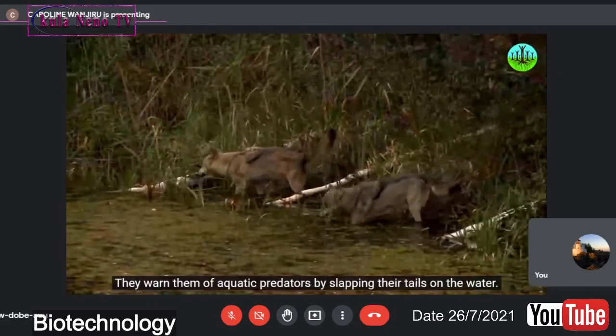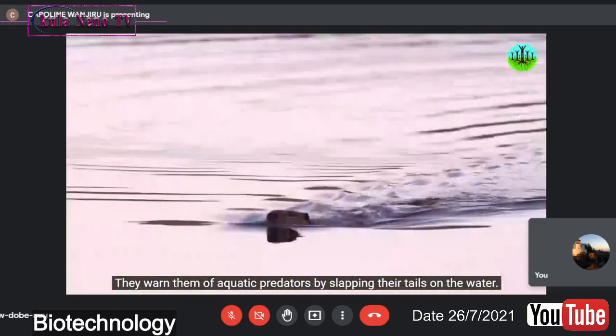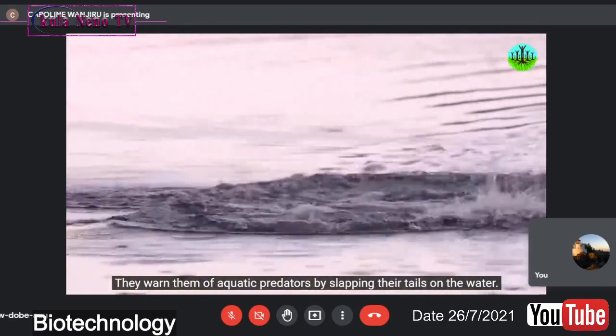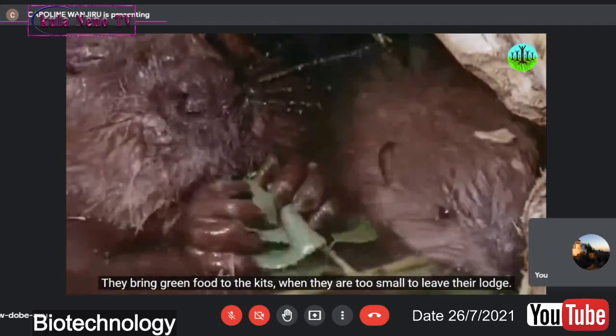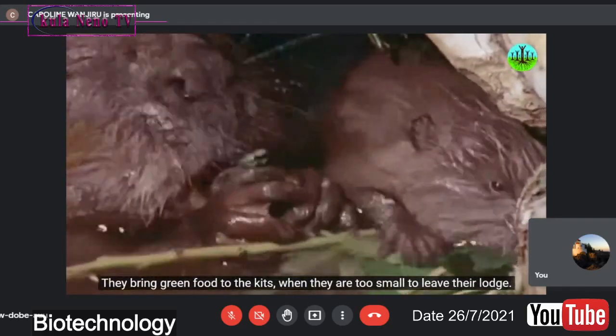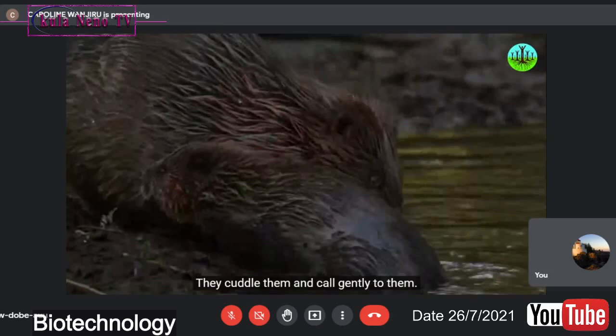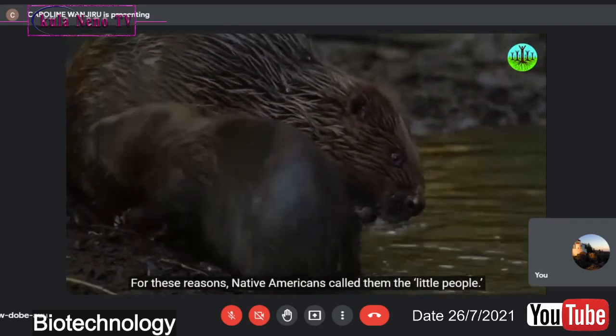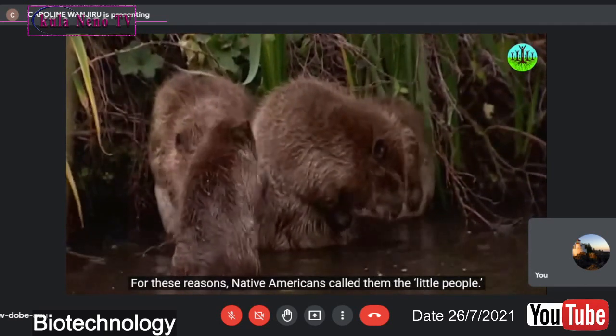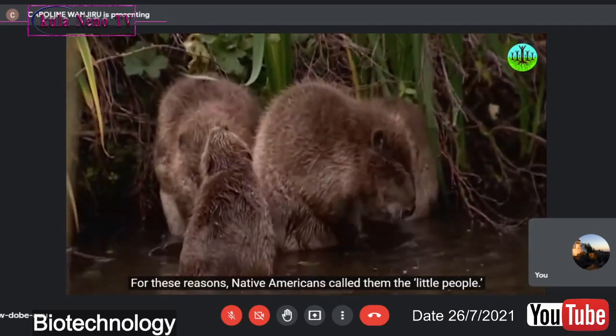They warn them of aquatic predators by slapping their tails on the water. They bring green food to the kits when they're too small to leave the lodge. They cuddle them and call gently to them. For these reasons, Native Americans call them the little people.